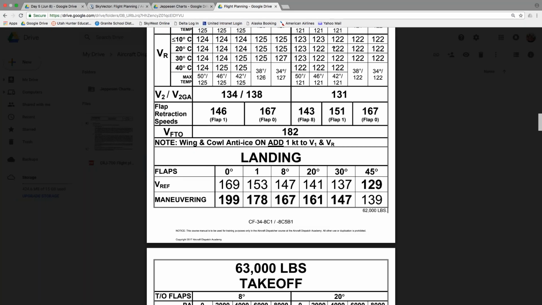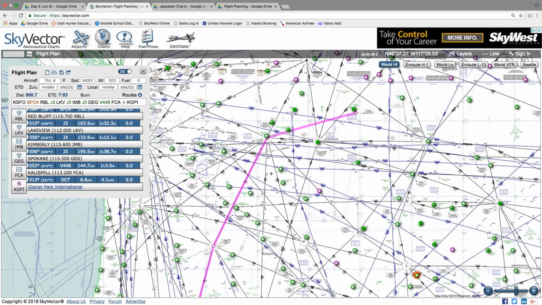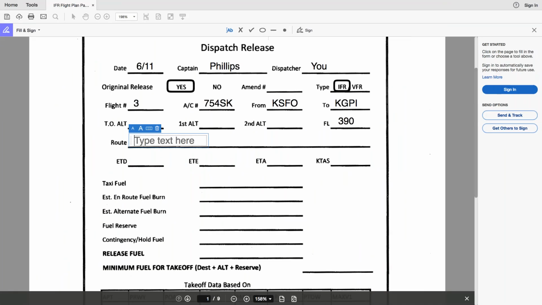And our route. Go to Skyvector. We're going to take this right here up at the very top, copy it, and paste it in here.